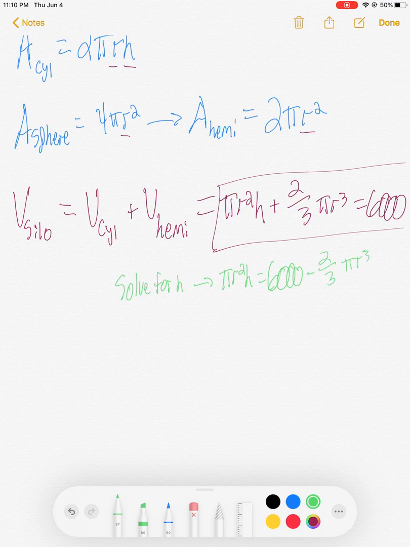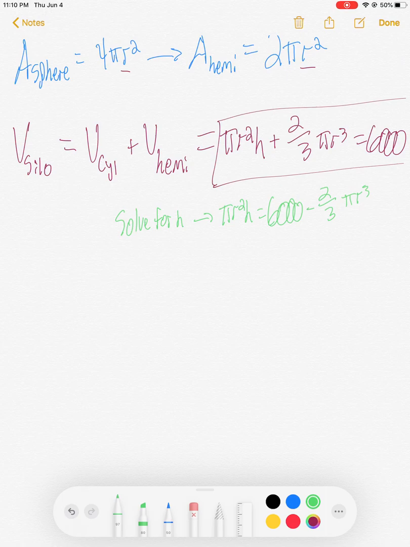So if I solve this for h, I'm going to have pi r squared h equals 6,000 minus 2/3 pi r cubed.